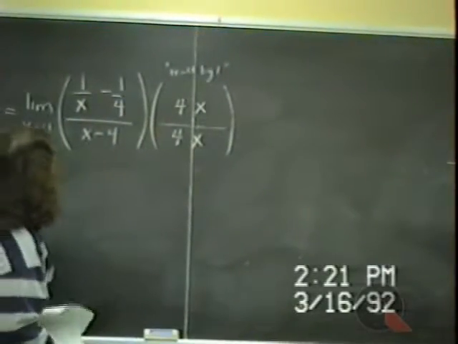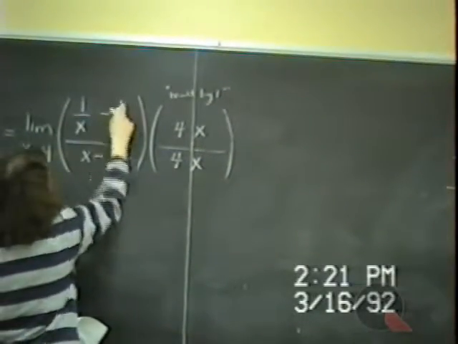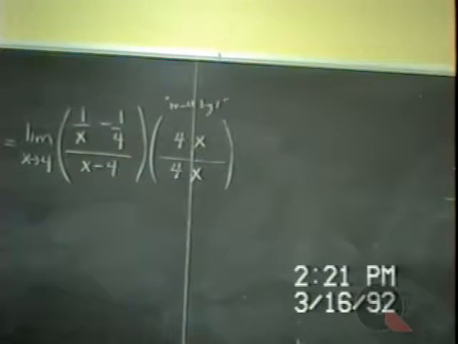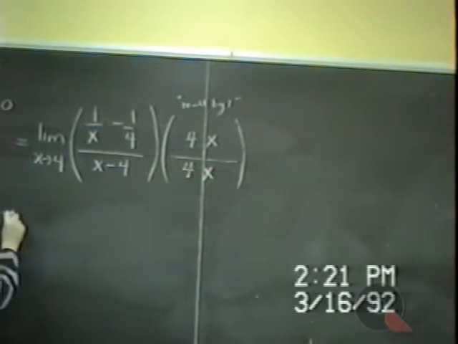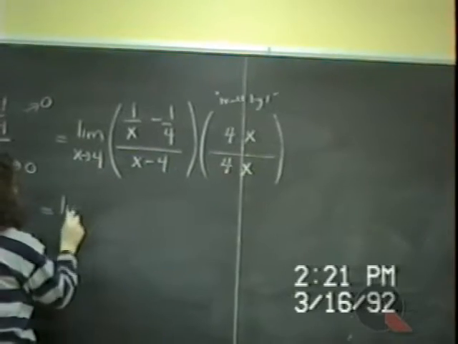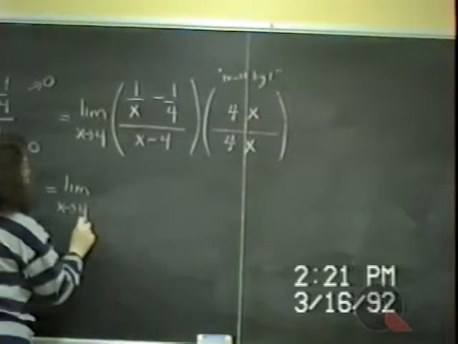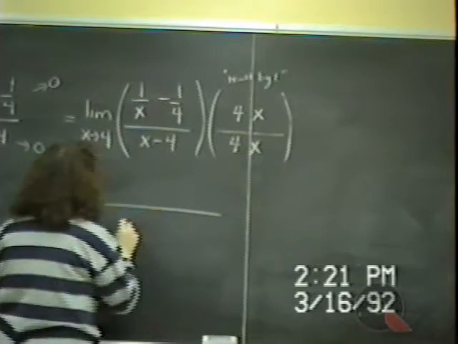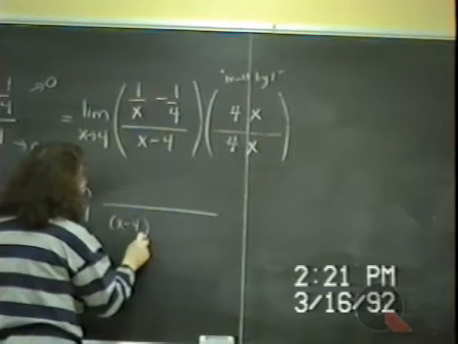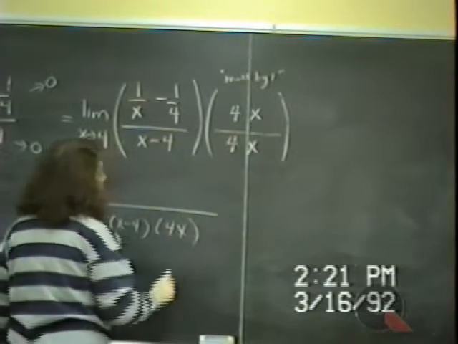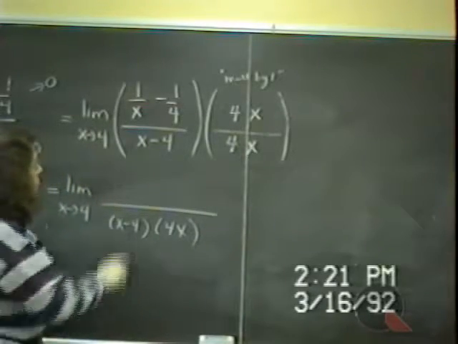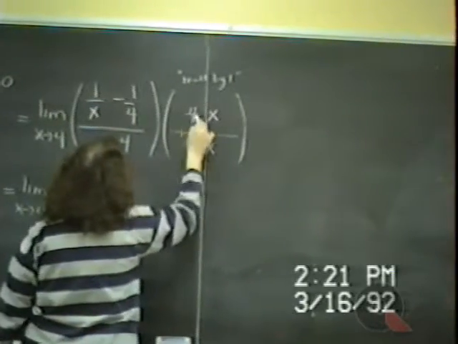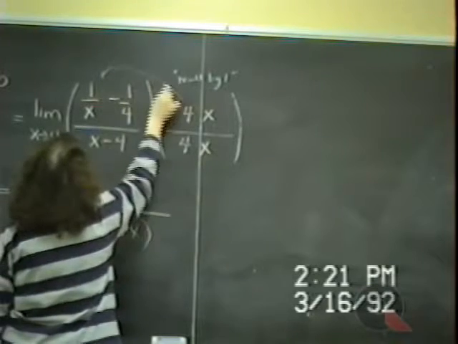This is the same thing that we had before, like 1/3 minus 1/4 over 5, the same idea. The limit as x approaches 4. Now, the denominator is simply going to be x minus 4 times 4x. In the numerator, this 4x has to be distributed through the parentheses.